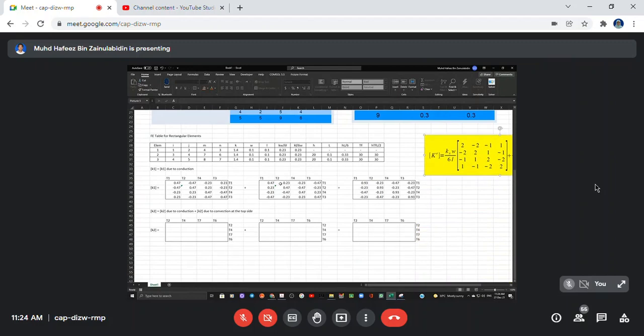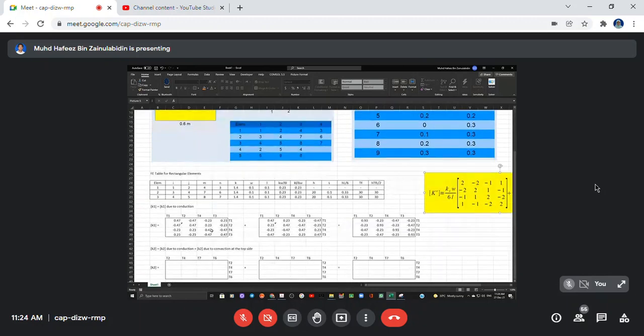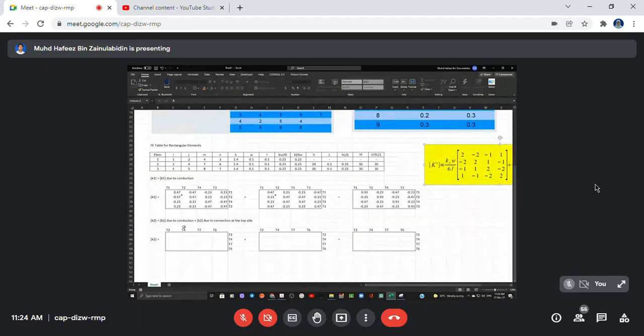Now to save time, because for K2 you have to calculate K2 due to conduction as well, but since the dimension for element 2 is similar to element 1, it will have the same K due to conduction.